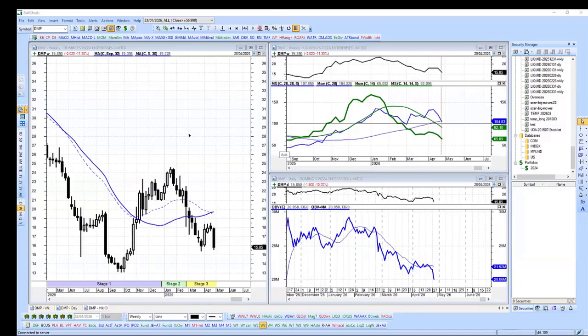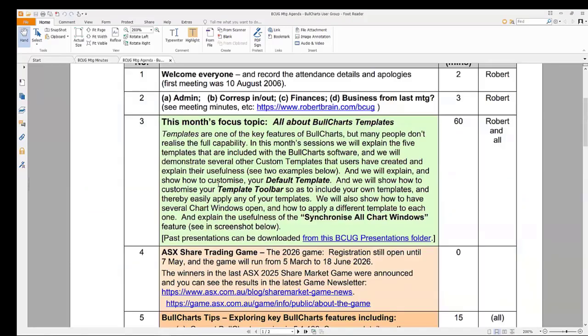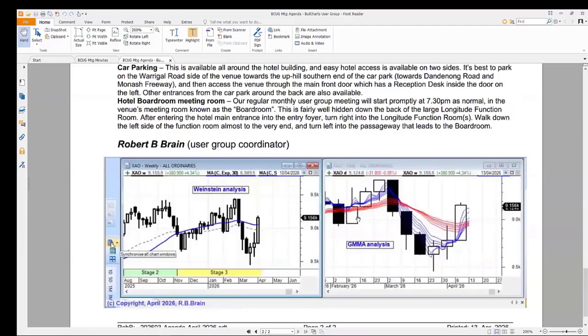That's what I was referring to in the agenda, where it talks about how to have several chart windows open and applying a different template to each one, and the usefulness of the Synchronise All Chart Windows feature, as in the sample below.